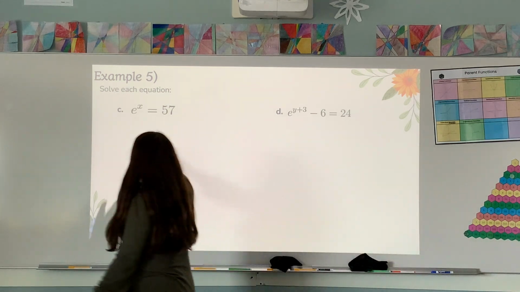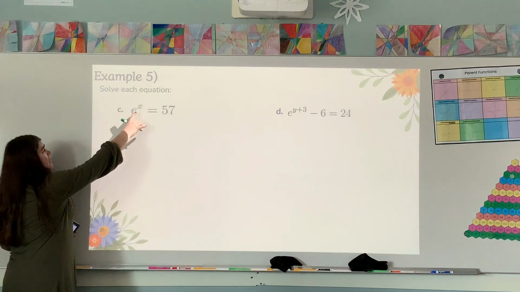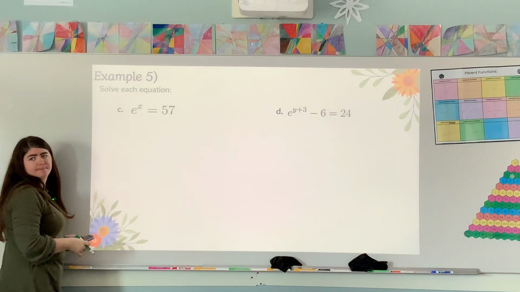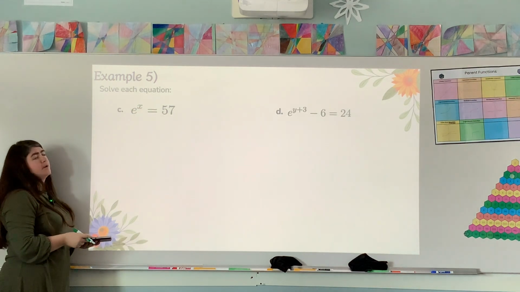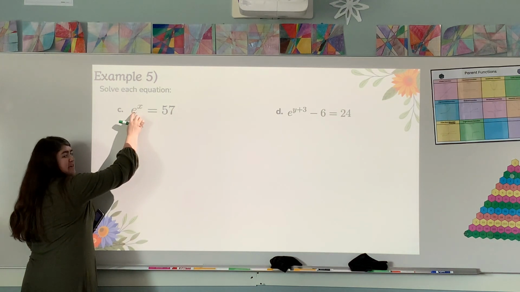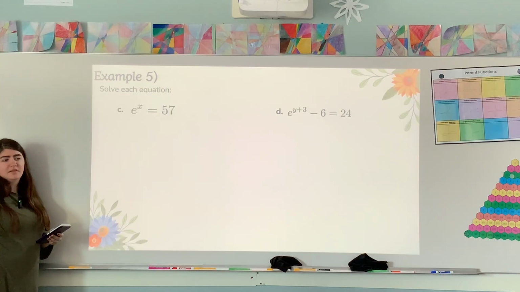This time, we have our exponential form already, and we're trying to solve for the exponent. So what can we do to solve for that exponent? We're going to put it into logarithmic form. So we have base e, which means what kind of log do we have? Yeah, it's a natural log.